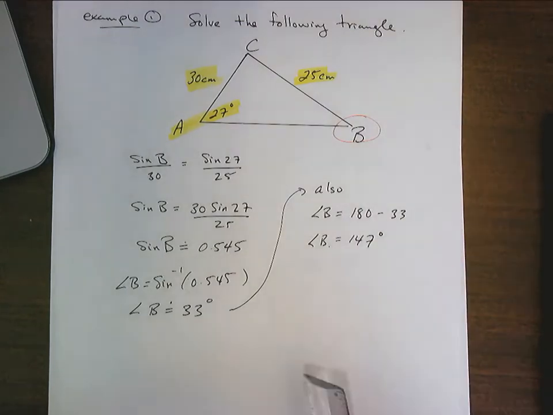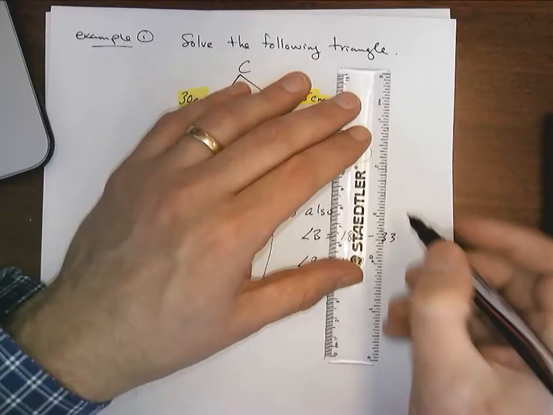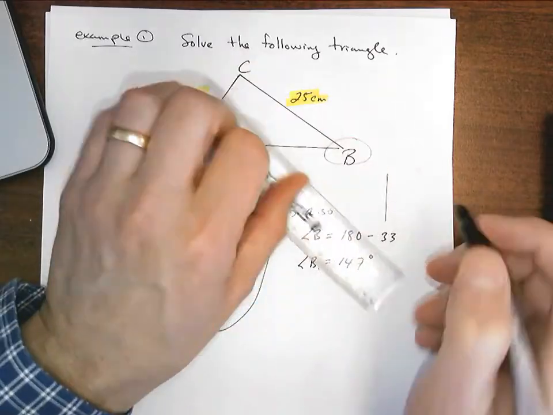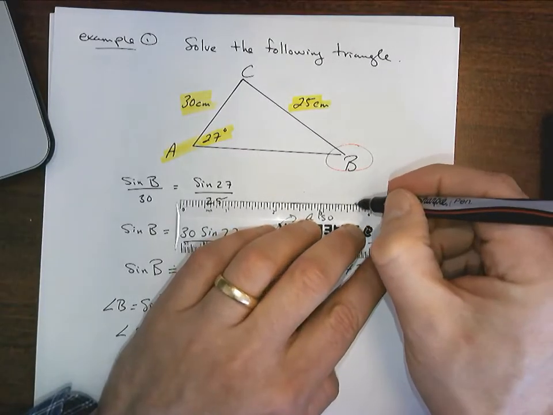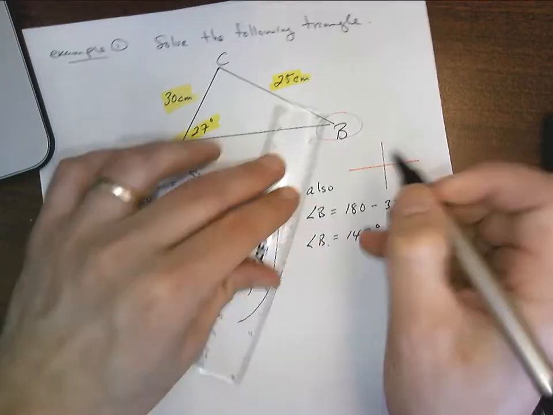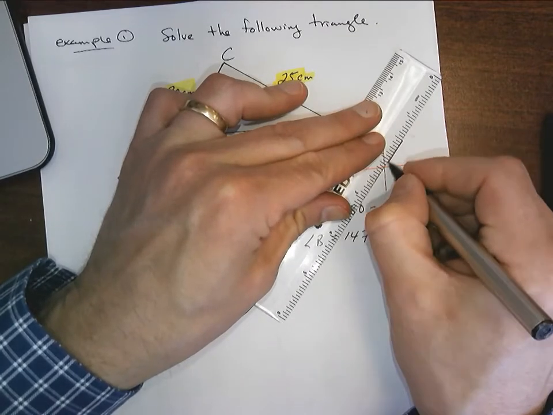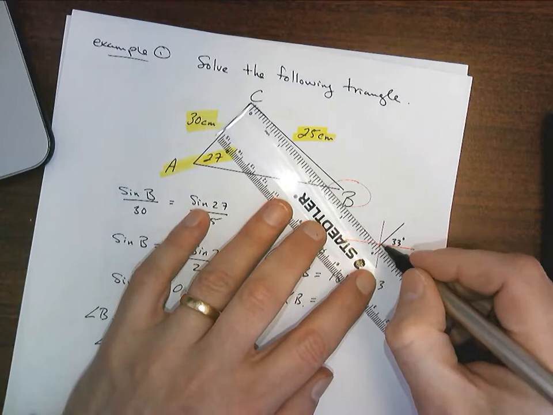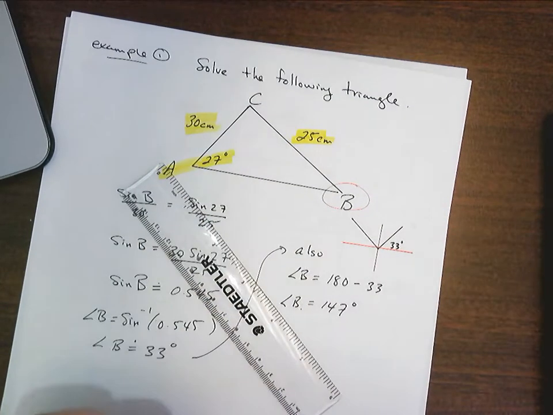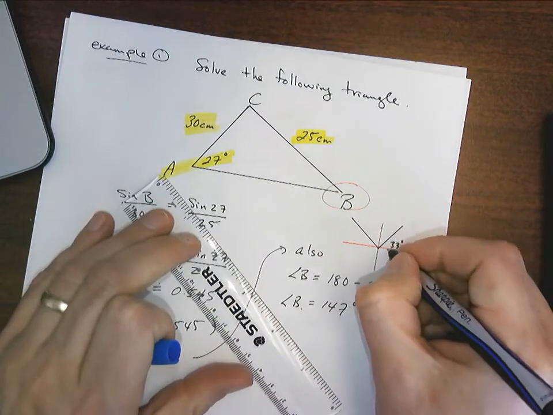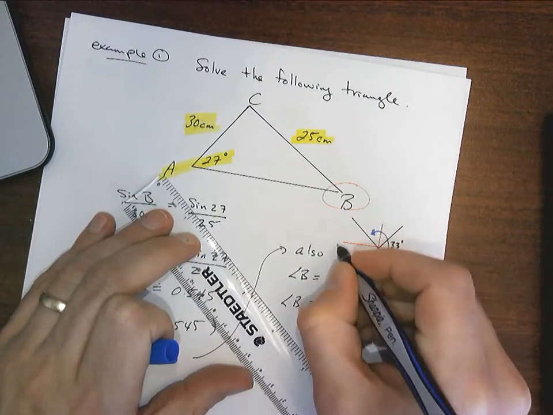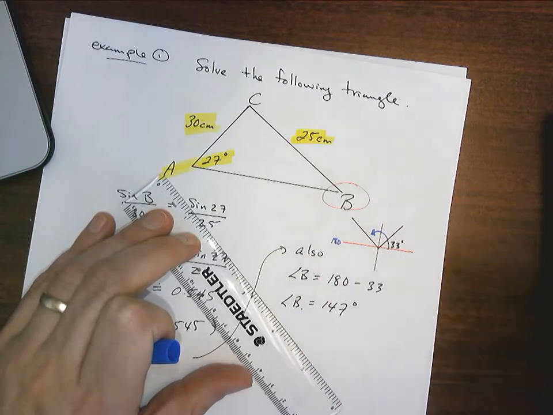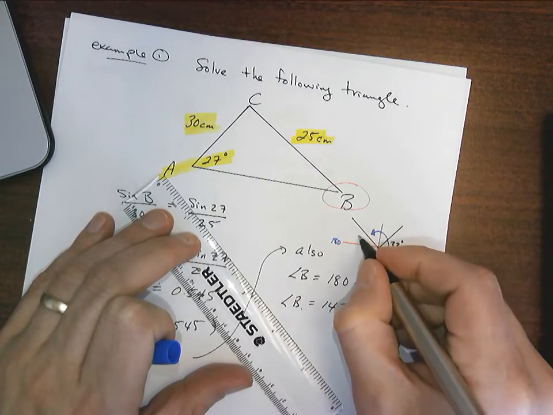Once again, not wanting to go over the point too much, but where that 147 comes from is that if we have one answer for our sine here at 33 degrees, our other answer is going to be over here where our rotational angle is going to be 180 minus the 33 that goes here.